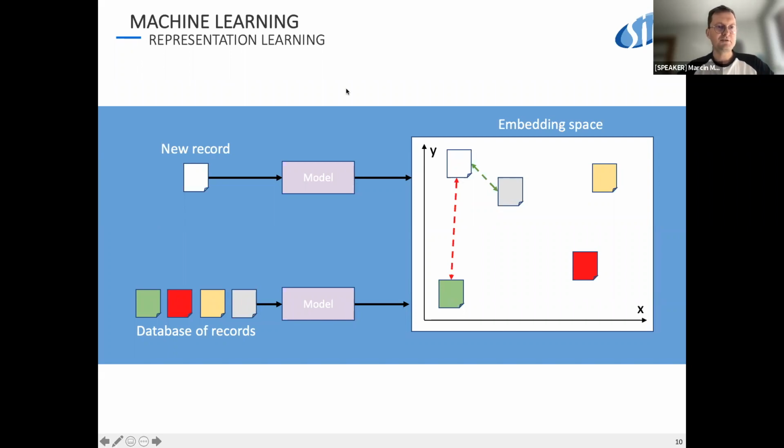So in such circumstances, we could simply project each new record onto the plane and just look in a small neighborhood to find if there is something. If there is, we got a duplicate. So to sum up, ideally, if we could learn such an embedding space where similar examples are grouped together and far away from dissimilar ones.